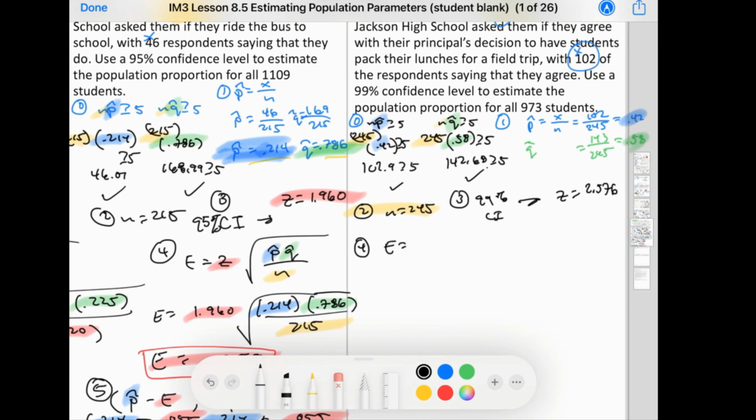Margin of error, E equals z times the square root of p hat times q hat all over n.